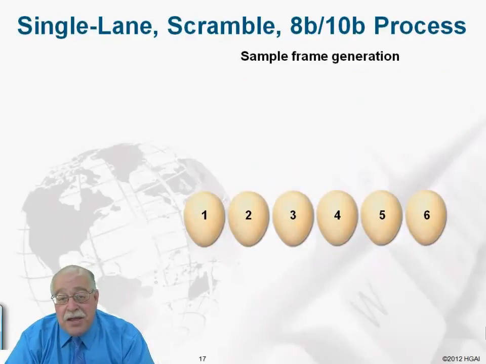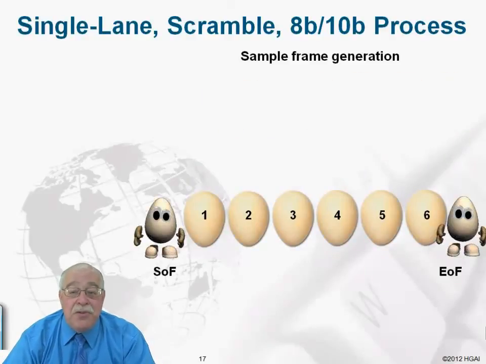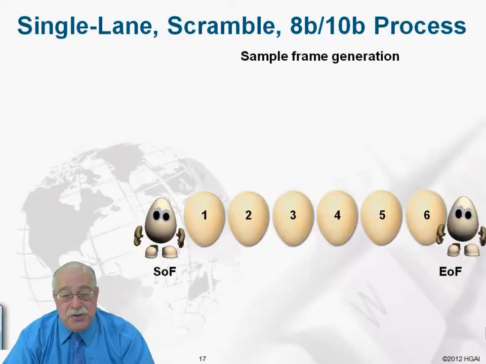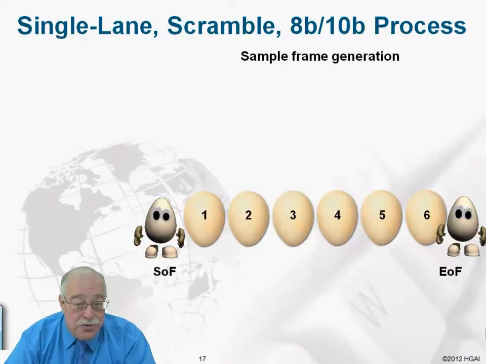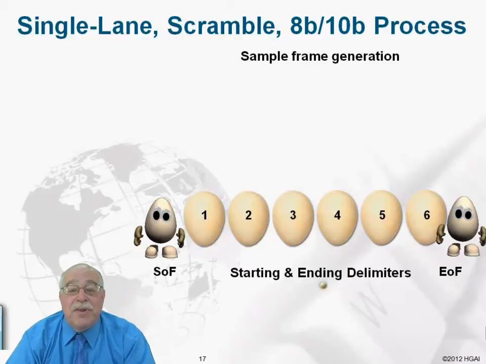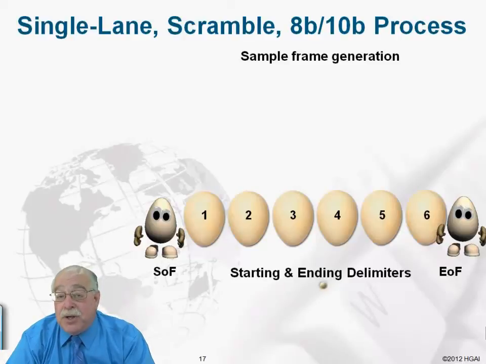Now we take those eggs and we surround them with delimiters, the start of frame and the end of frame. Those are separate eggs, special eggs, called ordered sets. The start of frame delimiter begins the frame and the end of frame ends it. Starting and ending delimiters. Now we have what needs to be transmitted.